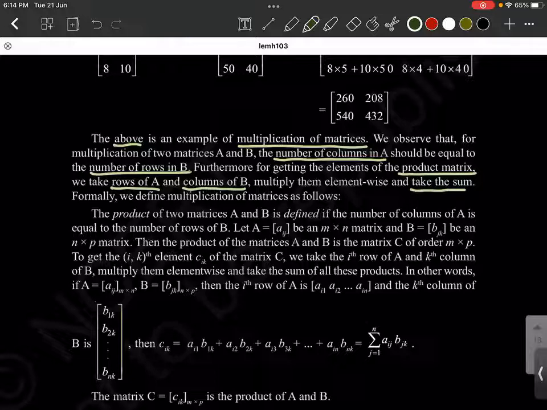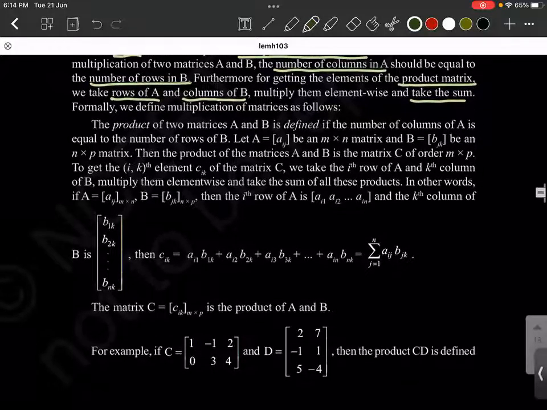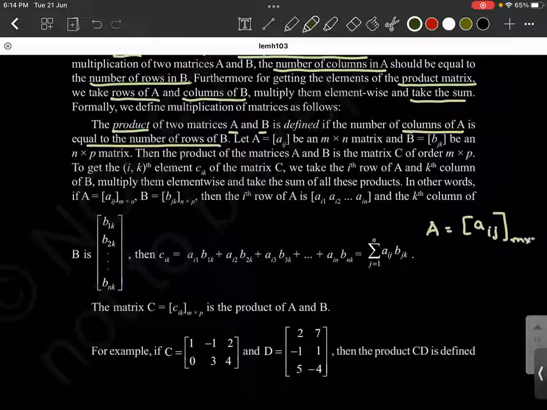So from here we can say that the general way of representing matrix multiplication is: the product of two matrices A and B is defined if the number of columns of A is equal to the number of rows of B. Let the matrix A be Aij of order m cross n and B be a matrix Bkl of order n cross p.